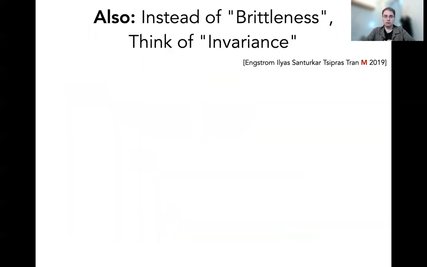The other thing to think about is that, instead of thinking of it as trying to avoid some kind of brittleness or oversensitivity to adversarial examples, when we talk about robustness to adversarial examples we are really trying to impose some invariance.